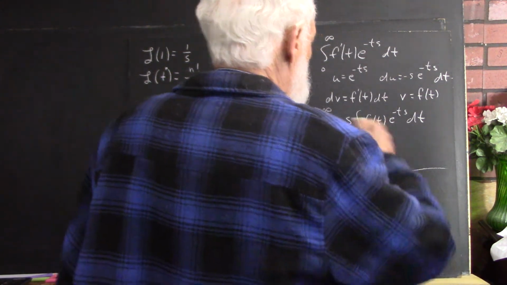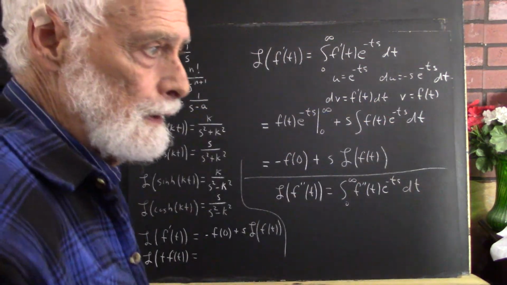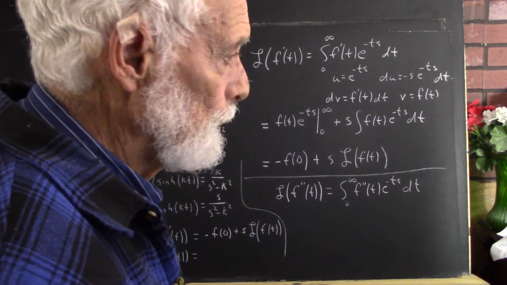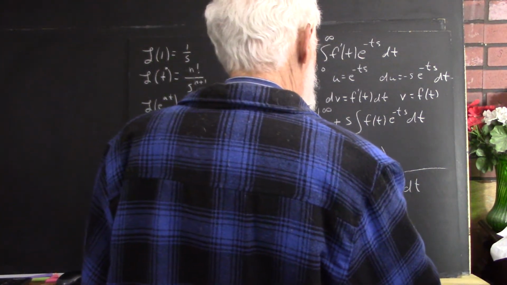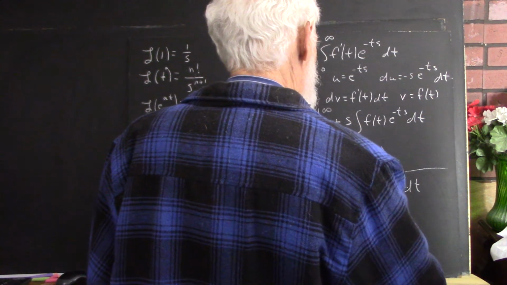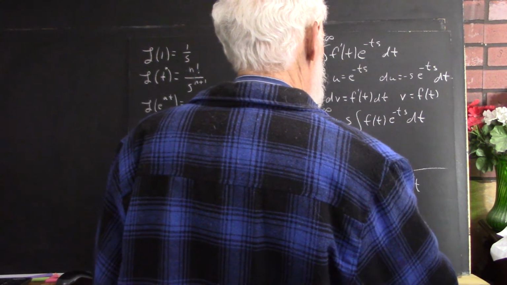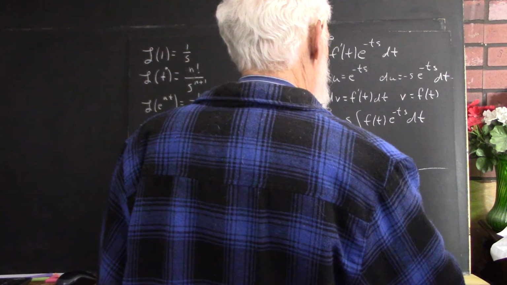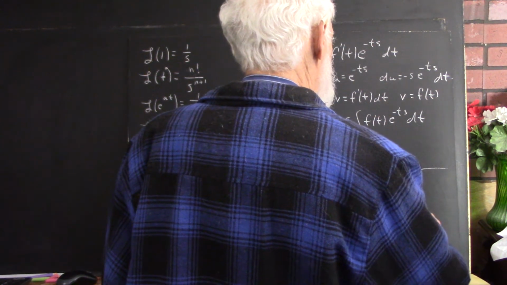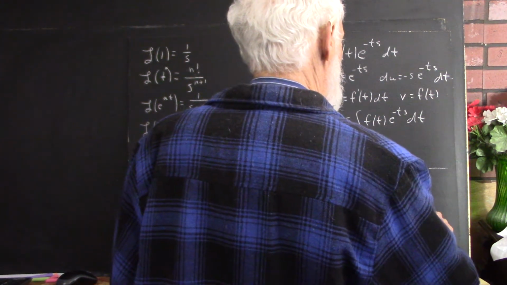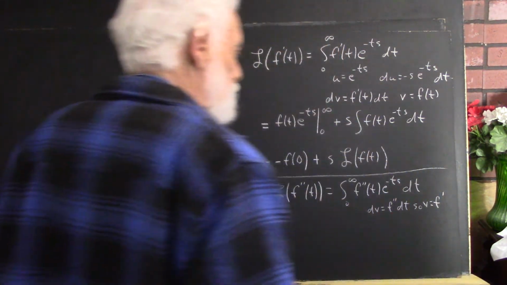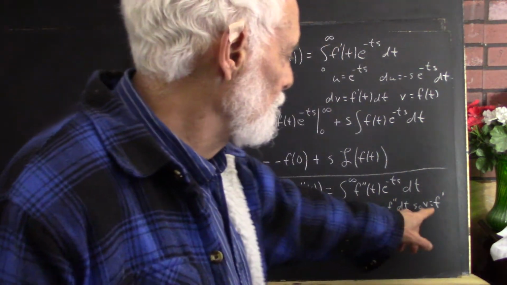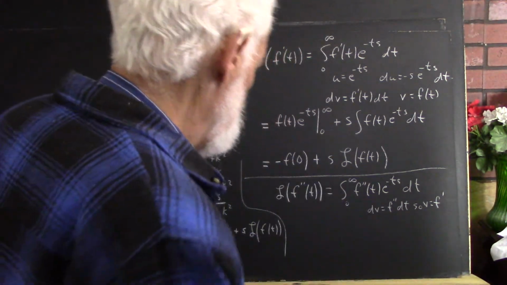And I'm not going to write out the steps of the integration by parts because they're really obvious. Among other things, we're going to let dv equal f double prime of t dt, so v is the antiderivative of f double prime, so v is f prime.